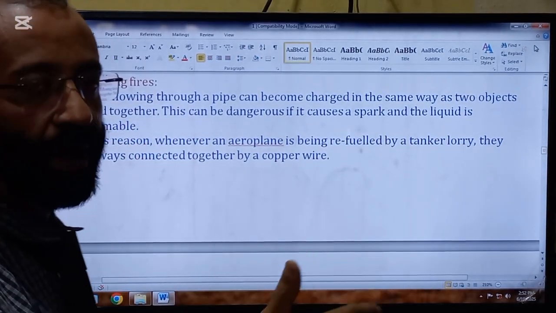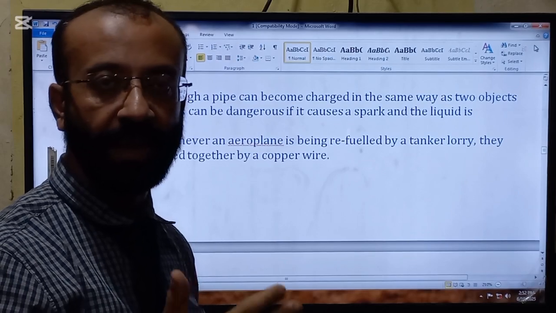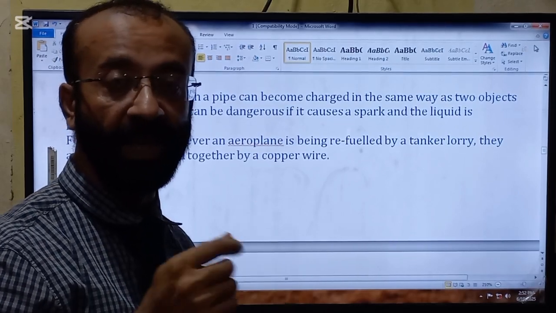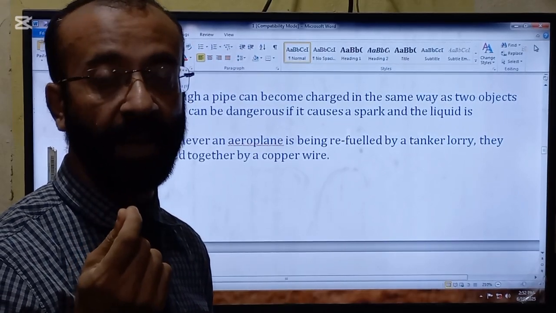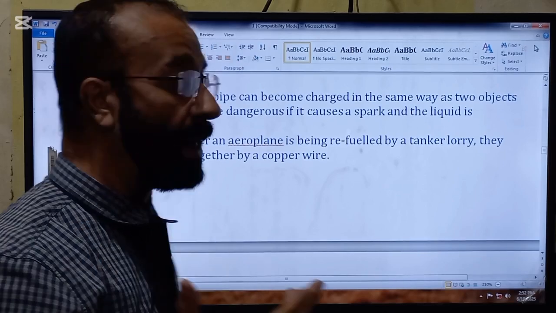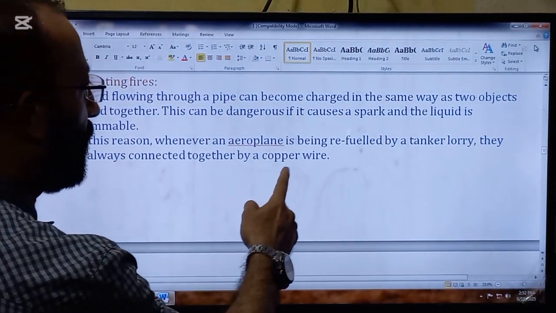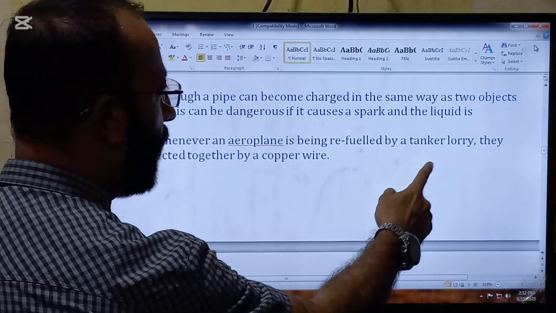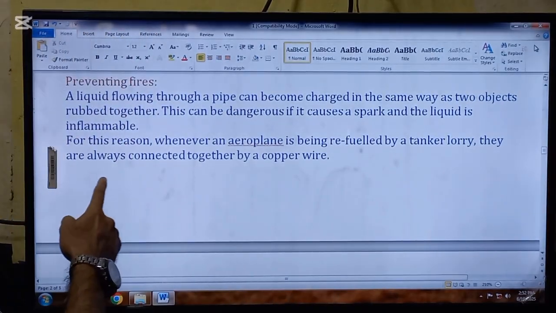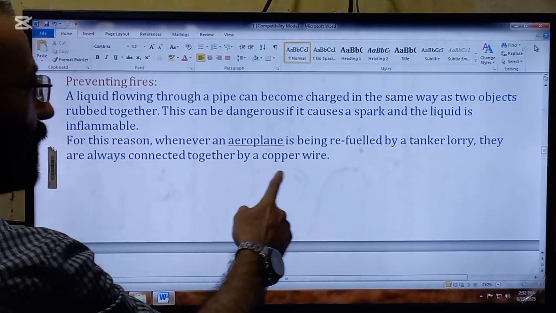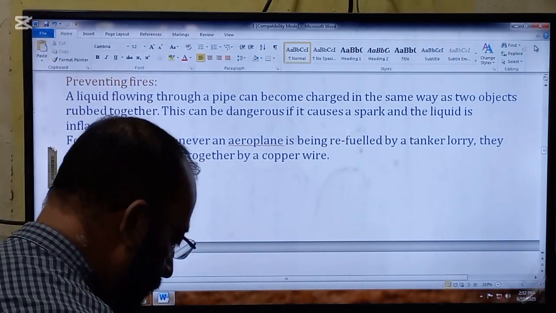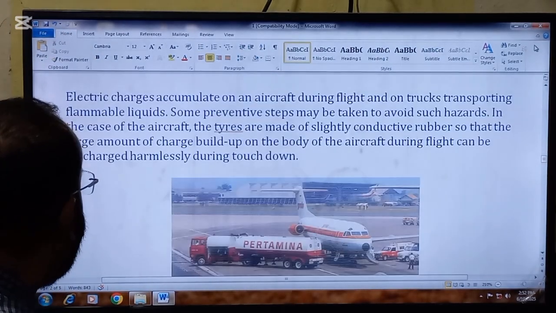In the case of oil tankers, this can be dangerous because if a spark is there, an explosion can take place. For this reason, whenever an aeroplane is being refueled by a tanker lorry, they are always connected together by a copper wire. So this is the technique.